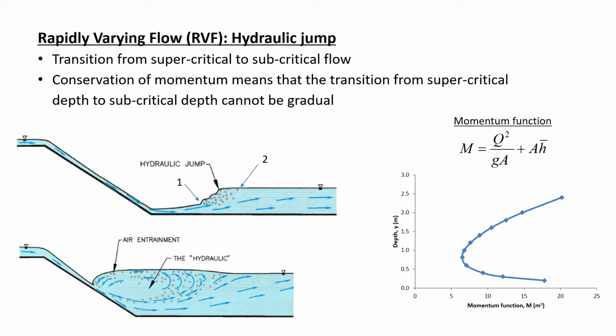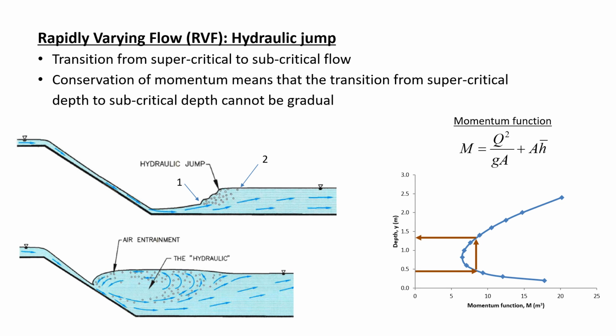There can't be a smooth change in flow depth because for us to maintain the same amount of momentum, we have to immediately go to a different depth. And so the way we use this momentum function diagram is starting off at the supercritical depth, then encounter the momentum function, and conserving momentum means that there's some sequent depth that has the same amount of momentum, and the new depth is just going to simply be the reflection off of that momentum curve onto the vertical axis, which is the depth.